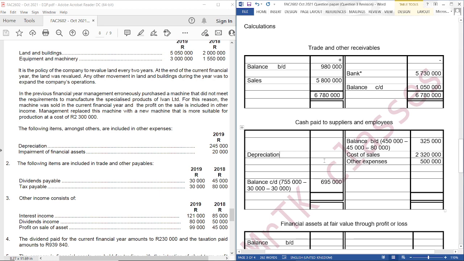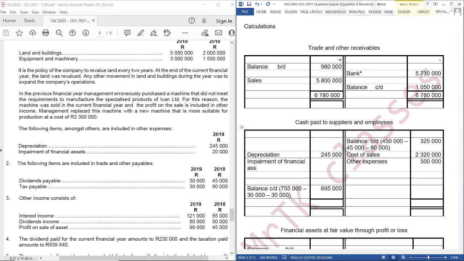Right, and how much is that? 245,000. Let's debit impairment of financial assets, right, 20,000. Okay, then what else?